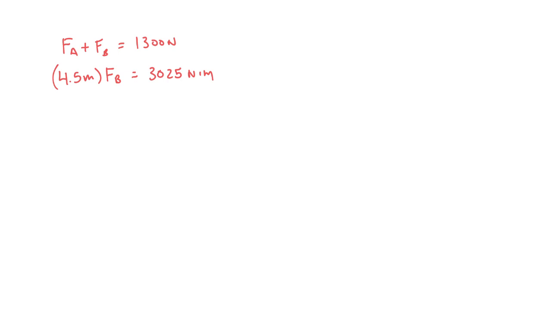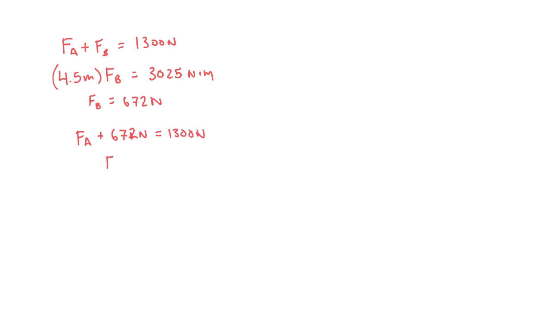Okay, so to find our force B, we have to divide both sides by 4.5 meters. So force B then is equal to 672 newtons. So using that amount of force in the first equation, FA plus FB equals 1,300 newtons, we have FA plus 672 newtons is equal to 1,300 newtons.